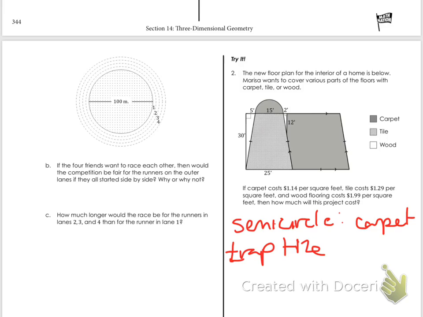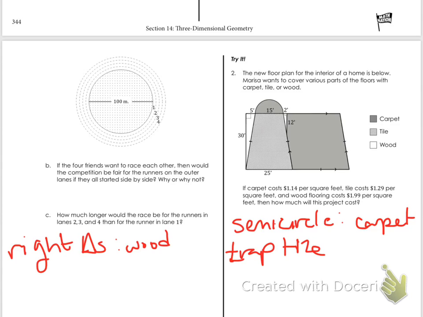We have 2 small right triangles that are wood. And then we've got a parallelogram, but this parallelogram is actually not the entire parallelogram. It's got this little teeny bitty triangle cut out of it. So we will have to subtract the area of that triangle from the total area of the parallelogram.